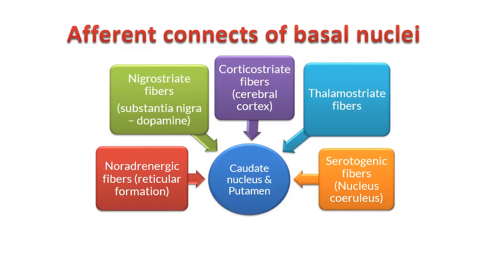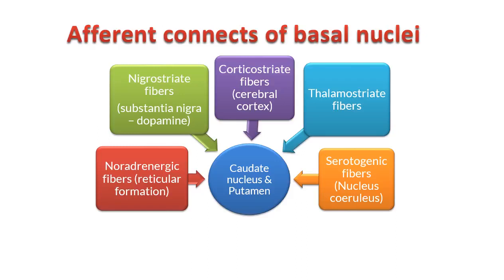So they have both types. Mainly the dopamine is inhibitory in nature, but it can influence or inhibit the caudate nucleus by two types of its projections. That is about the nigrostriate fibers.